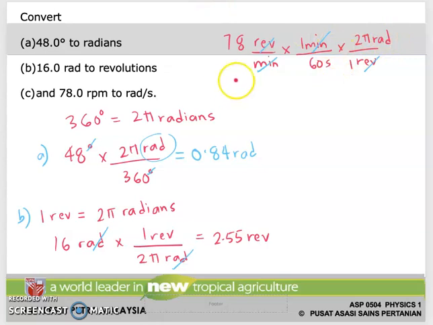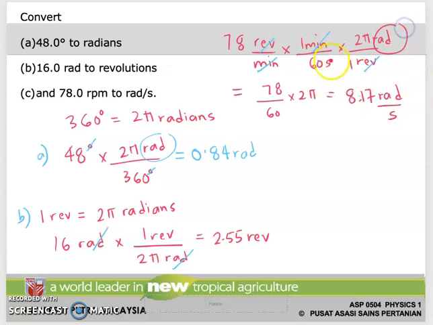This will give me an answer of 78 divided by 60 times 2 pi, which is 8.17 radians per second. I'm left with radians and seconds, so that gives me a unit of radians per second.